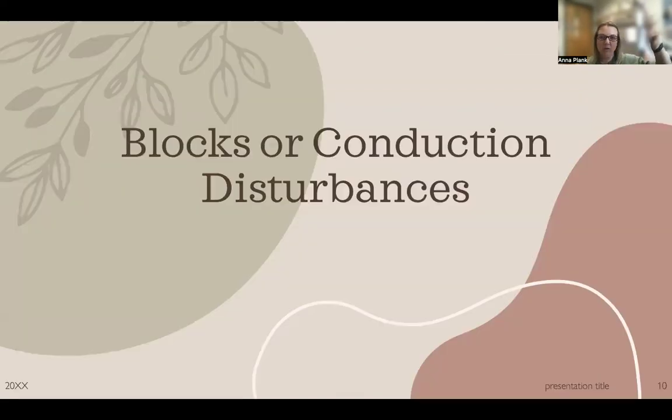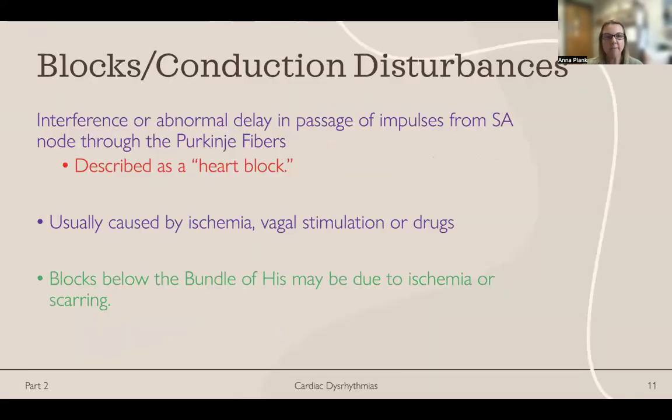If we know that the electrical activity is getting there, and if we know that there is a history of scar tissue, muscle damage, a dead spot in the heart, something like that, that's where we get into these blocks or conduction disturbances. We call them a block because the electrical activity has to reroute around a spot that might be dead or might have scar tissue or might be an unreactive spot.